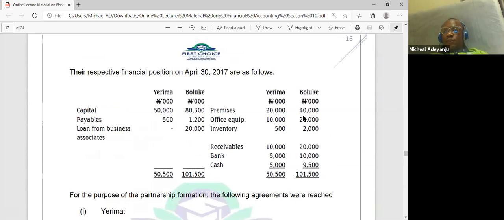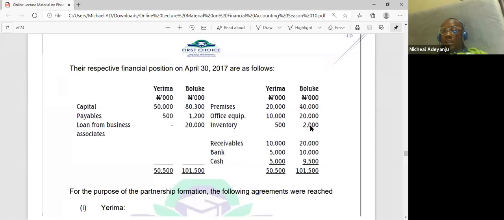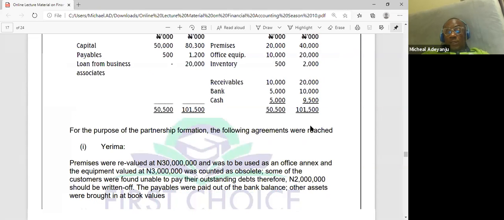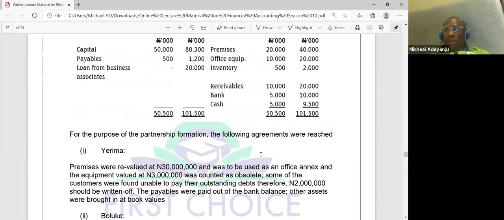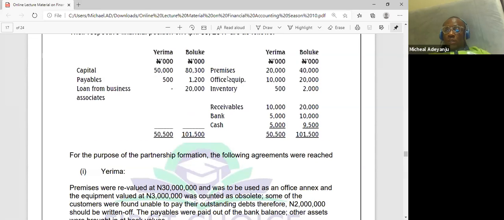So from his existing 20 million, he wants to acquire another additional 3 million naira, making 23 million naira worth of office equipment for Buluke. He said he wants to pay his payable also from his bank balance like Yerima. So he has a payable of 1.2 million and he has a bank balance of 10 million. If you remove it, it's going to give you 8,800,000 naira bank balances.